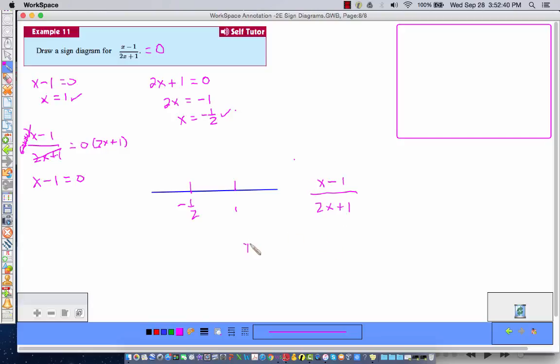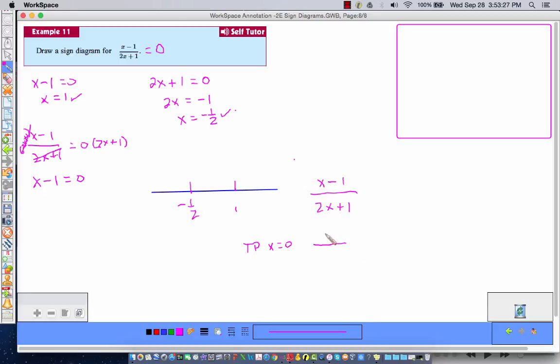My first test point I'm going to let be x equals 0. Sometimes I like to do it like this if it's an easy number. I think to myself, well, I have something divided by something else, and I do not care about the value. I just care about whether it's positive or negative because I'm doing a sign diagram. So my test point is x equals 0.